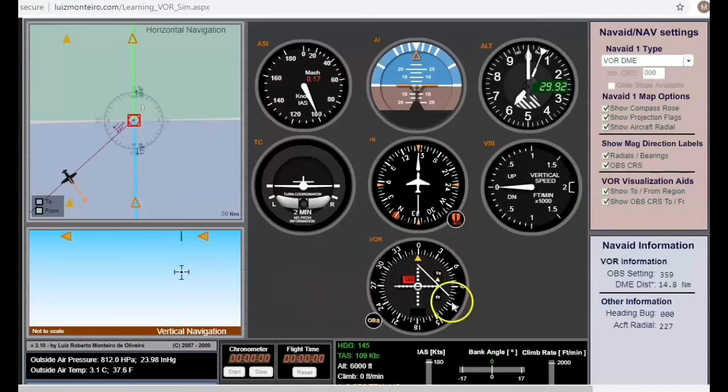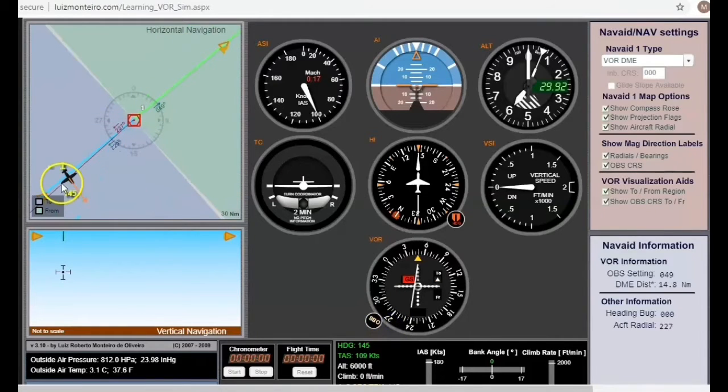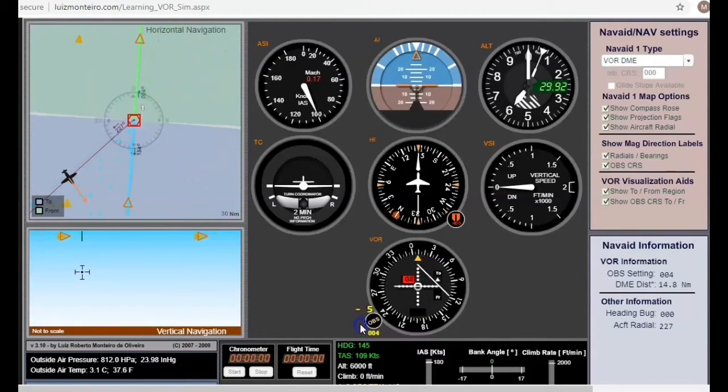In the airplane we have the VOR receiver, and the OBS knob will allow us to select different courses off of the VOR station. As we're rotating the dial, we're selecting different courses. Here we selected the 360 degree course, so a line flowing 360 degrees through the VOR station.